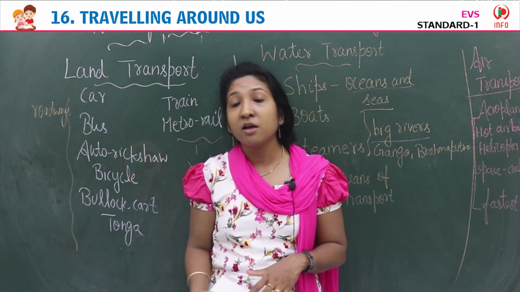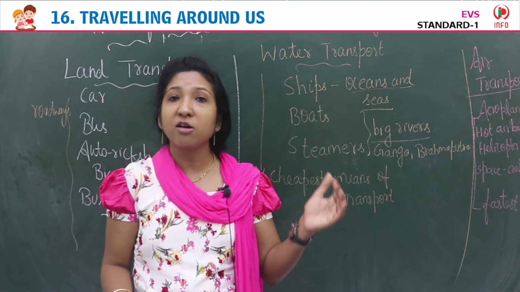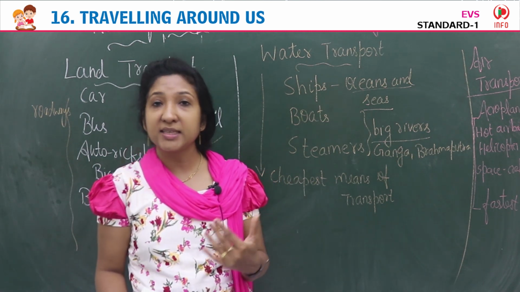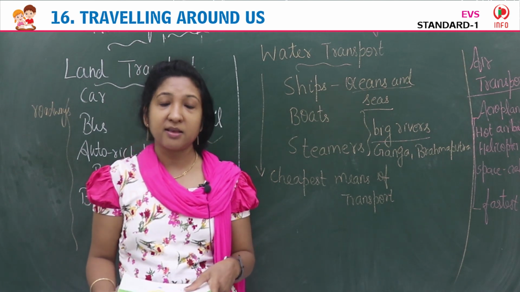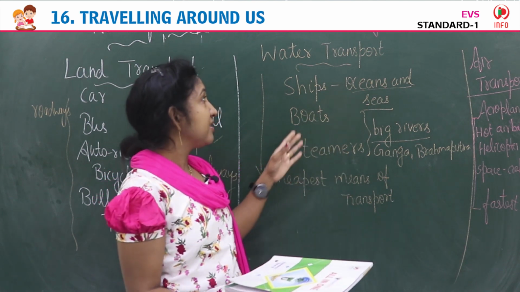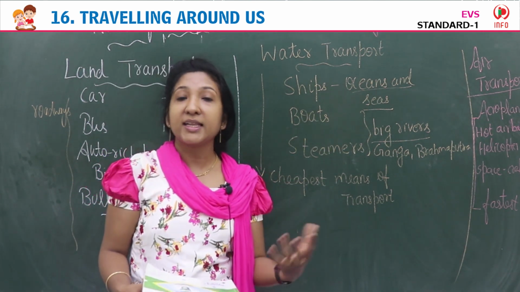Then we have another mode of traveling, which sails along the rivers, big rivers or oceans, seas. They are water transport. They are the cheapest means of transport. Waterways are the cheapest means of transport, not costly.